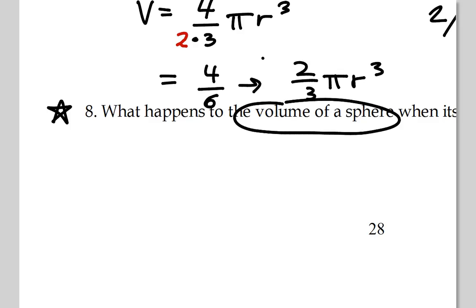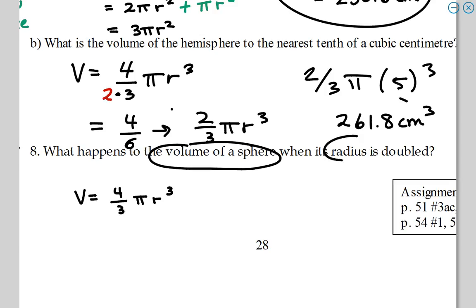Volume of a sphere, jot that in. 4/3 pi r cubed. Okay. Now what are we going to do to this? What do we have to change r to? We're going to change the radius. How? Double it.